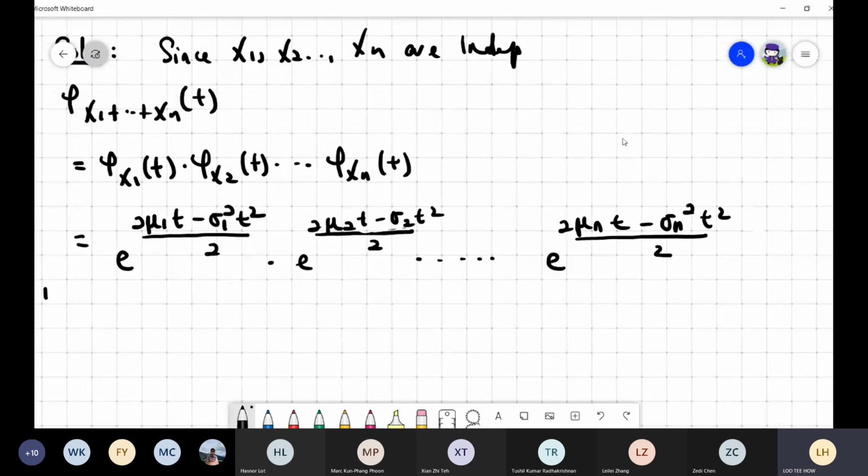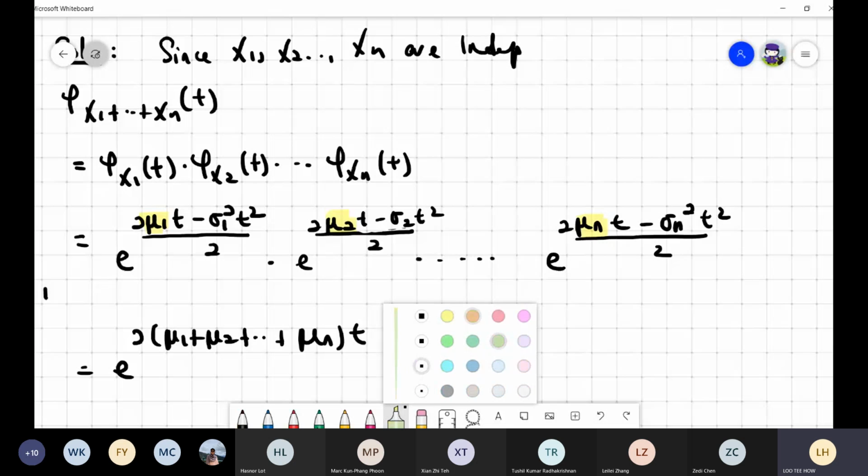Next we just look at the component for t. I have mu 1, mu 2 up to mu n, so we can combine all these terms: e to the power of i times mu 1 plus mu 2 up to mu n, times t. Next we can also look at this.